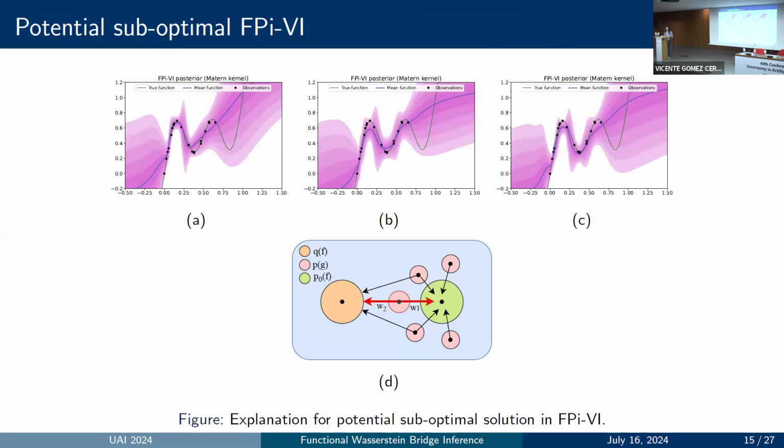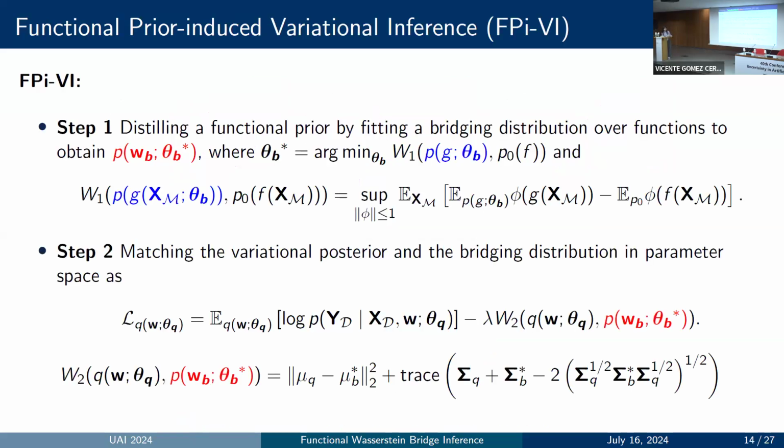However, due to the isotropy of the one-Wasserstein distance, there will be an infinite number of candidate P of W_B, theta_B star, with exactly the same distance to the given functional prior. We call this two-step variational inference method functional prior induced variational inference, or FPI-VI.